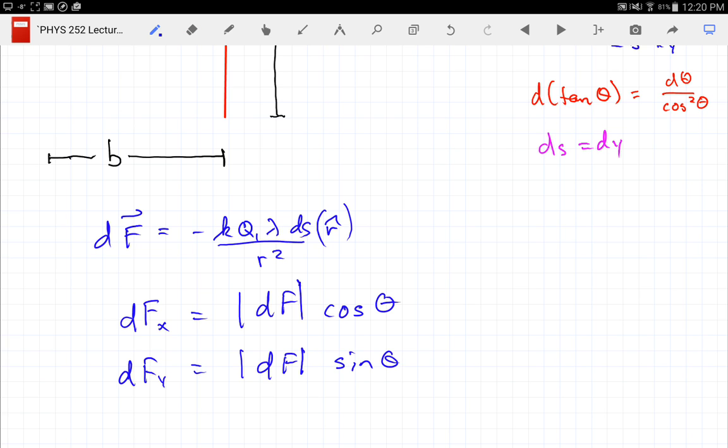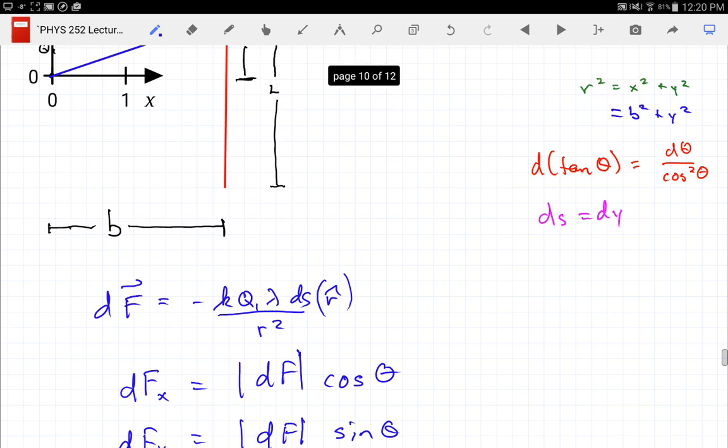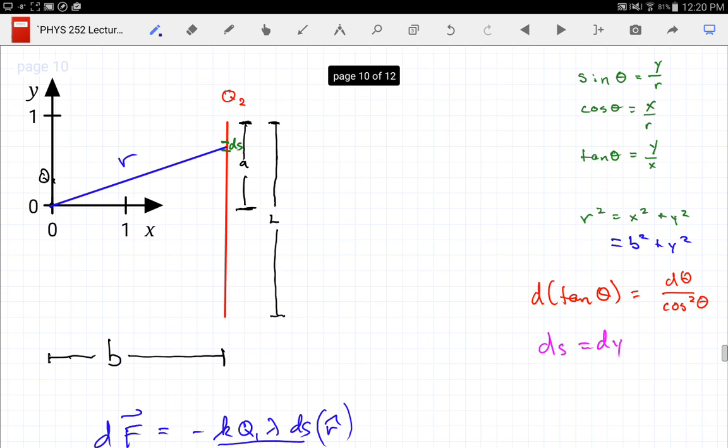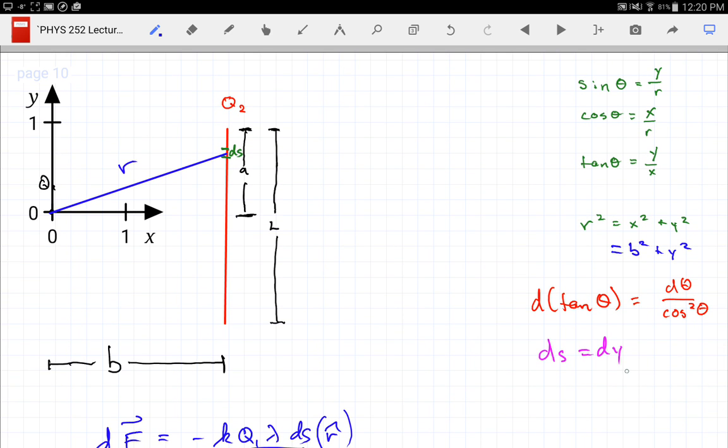But here, it turns out that the prudent way to solve the problem is going to be to make theta your variable. And so, of course, there's no theta in here. I had the ds. And so what I need to do is find a relationship between my ds, which is dy, and d theta. And the way to do that is I define sine, cosine, tangent.